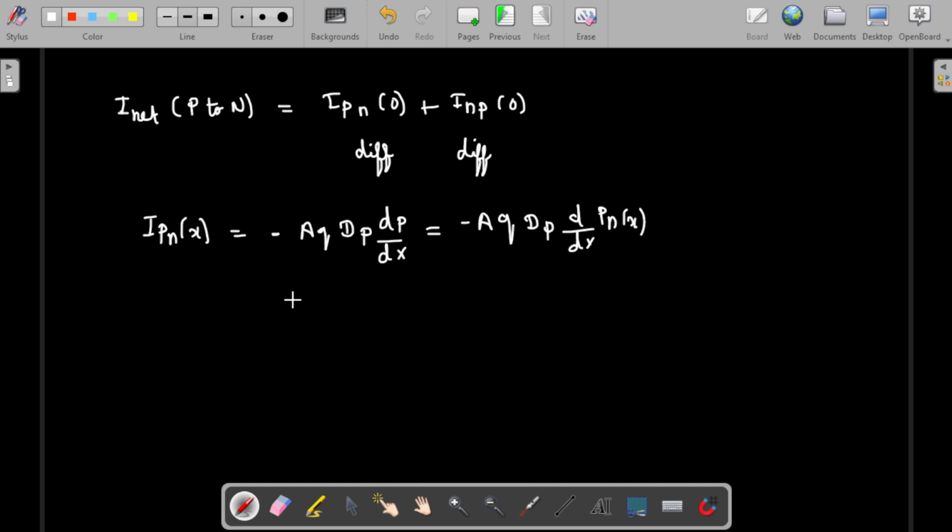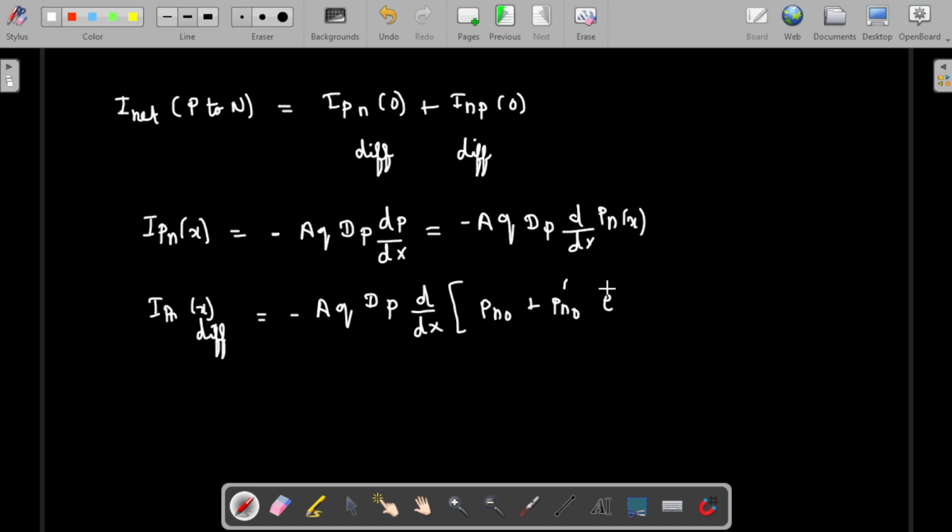I think you are able to understand this. So now IP of n, because of diffusion, will be equal to AQ Dp d by dx of Pn of x. This Pn of x can be written as Pn naught plus Pn naught dash e power minus x by Lp.